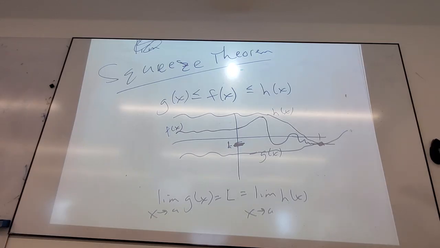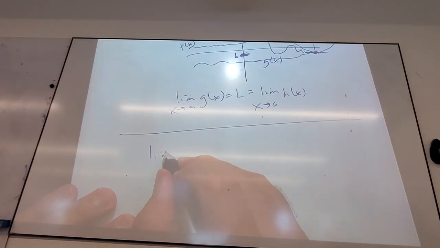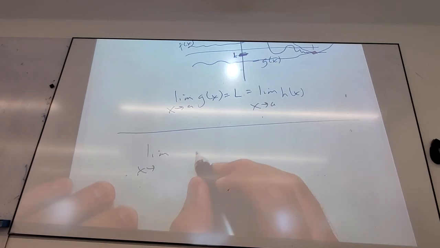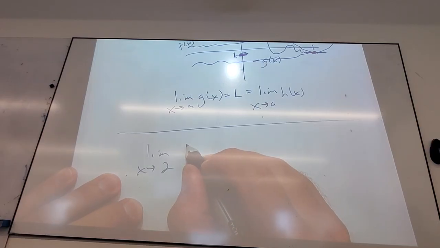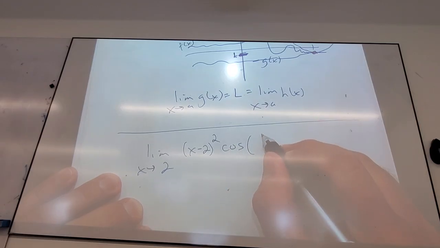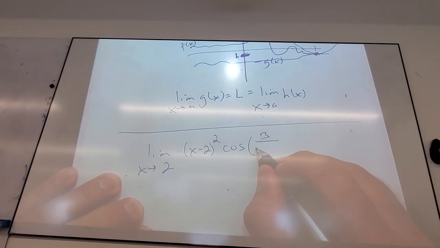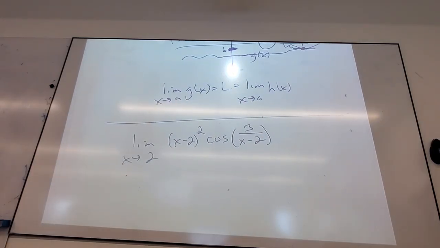So what does that mean in terms of solving a problem? If I had to figure out the limit as x goes to 2 of, do you all agree weird things happen at 2?